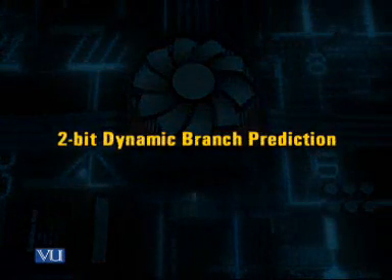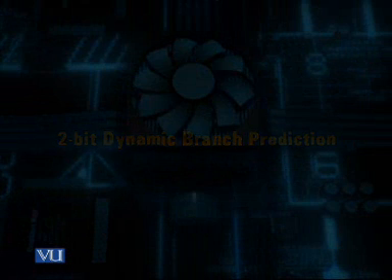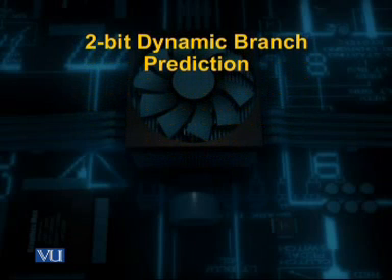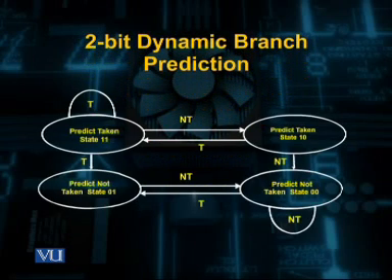Here, these 4 states are represented as state 00 or 01 for predict not taken, and 10 and 11 for predict taken. You can see from this state diagram that in a saturating counter implementation, the 2-bit counter saturates at 00 for predict not taken, or it saturates at 11 for predict taken.